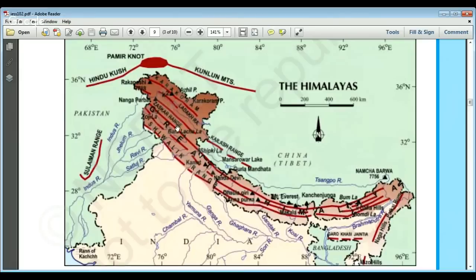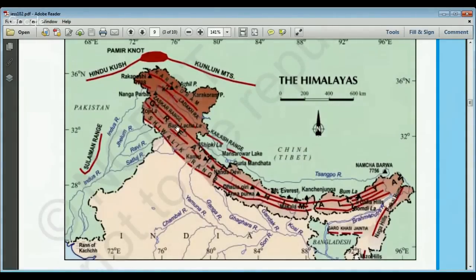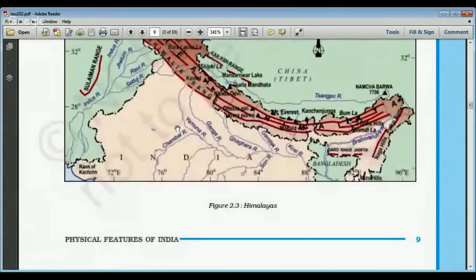The first part is the Trans Himalaya, which is northern to the Greater Himalaya. Then the main three Himalayas, that is the Greater Himalaya, the Middle Himalaya, and the Shivalik range. And then there is another type of Himalaya known as the Eastern Himalaya, like Patkai Bum, then the Naga Hills and the Mizo Hills.